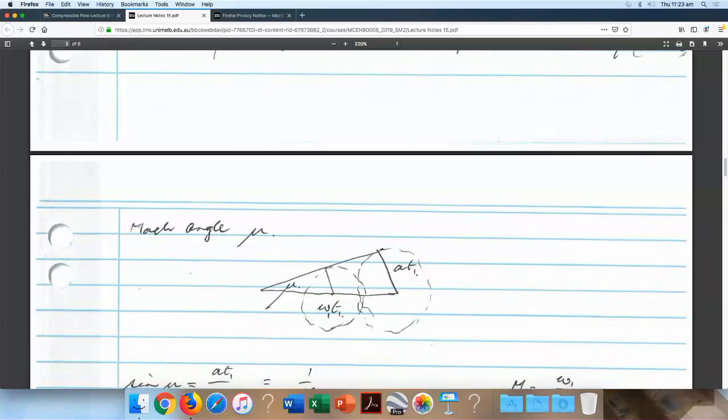Supposing I was a sound source here, and I was propagating with this flow, with the speed W1, T1, and as I'm going along, I emit a sound wave. I have a pulse. It goes out.